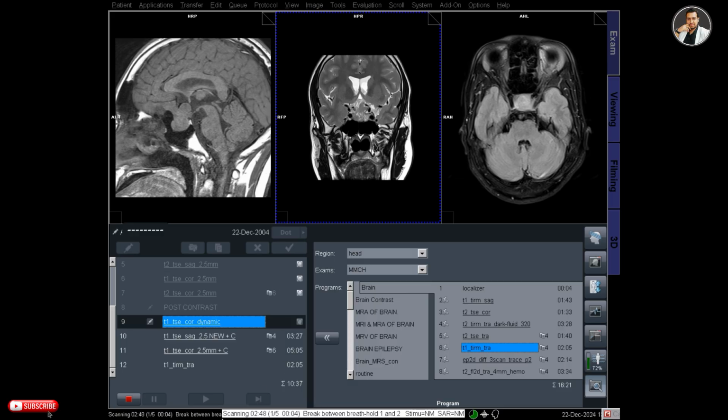This is the break time, and the contrast is given. Now the second scan starts automatically. So push contrast between the first and second scan in the break time. And now the second scan of the dynamic is running.